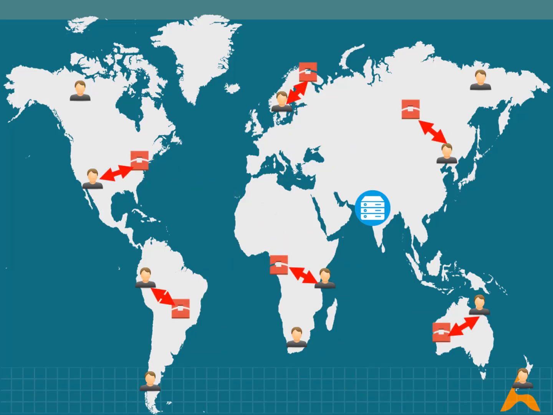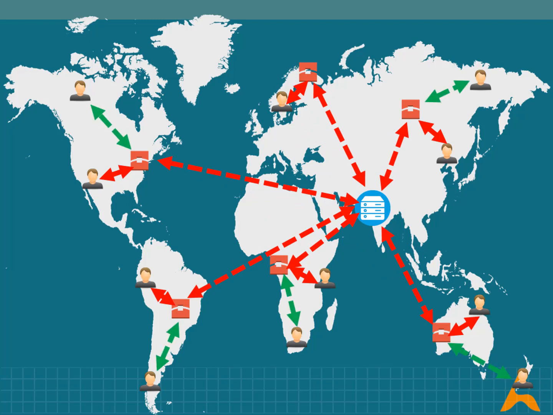If the requested content is not there, it will further send the request to the server in India. The server in India will send back the requested content to the edge location, and then it will be forwarded to the user. So next time when any other user requests the content from our website, the user will get the content much faster than the previous user, as it is present in the cache of the edge location.